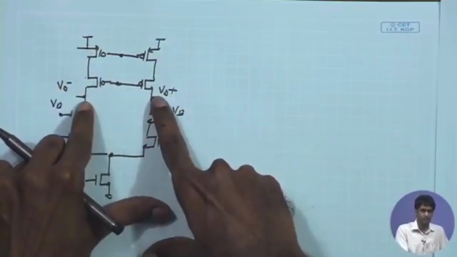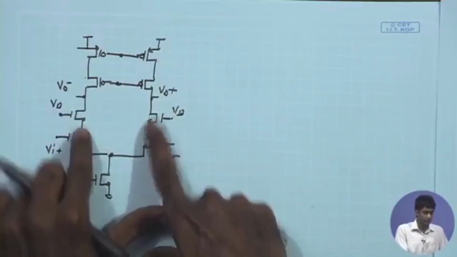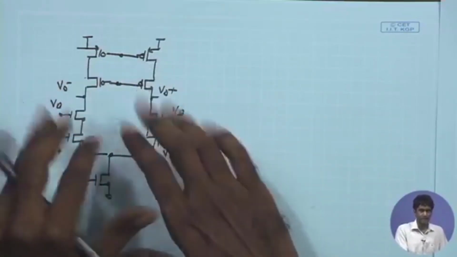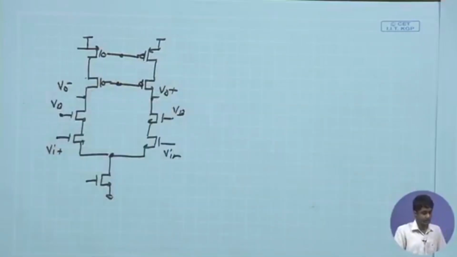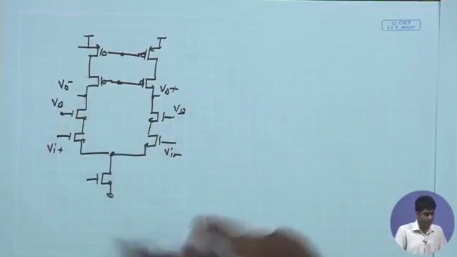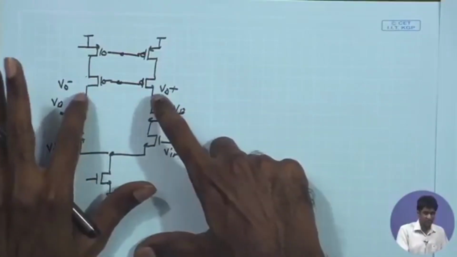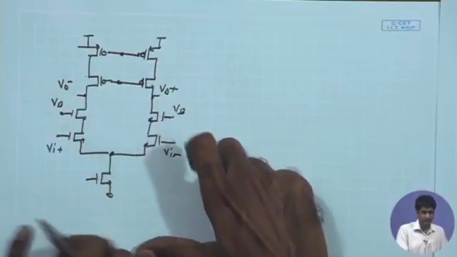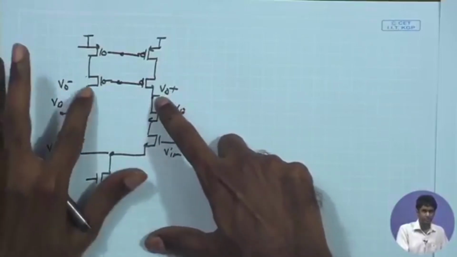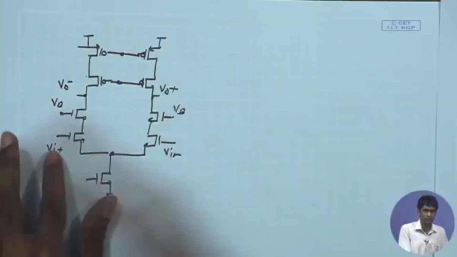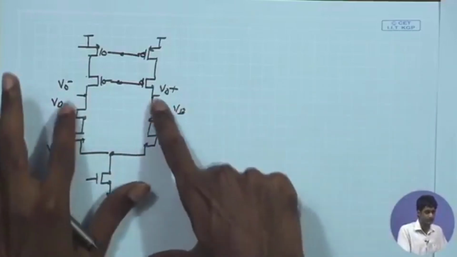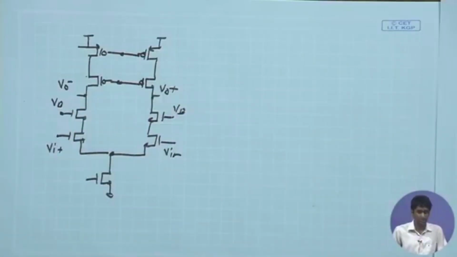You have a dominant pole over here and non-dominant pole at these 2 points, and if I am using this particular circuit for closed loop operation, I would like to compensate the output node over here directly, because this is a dominant pole. I would simply like to put some more capacitor over here so that the dominant pole gets shifted further towards lower frequency and I can get a better phase margin.